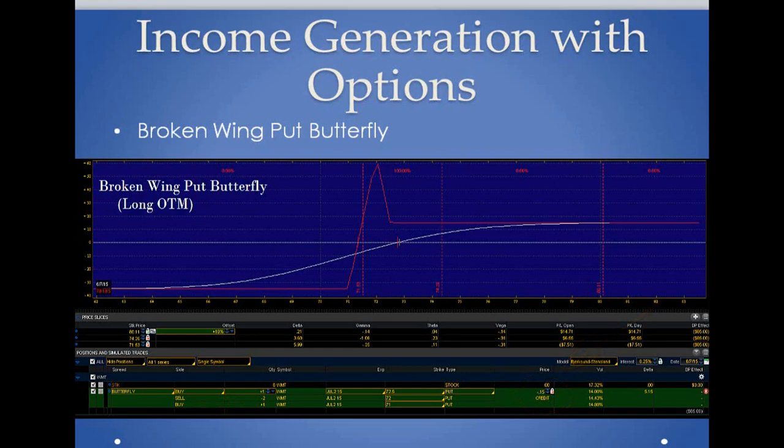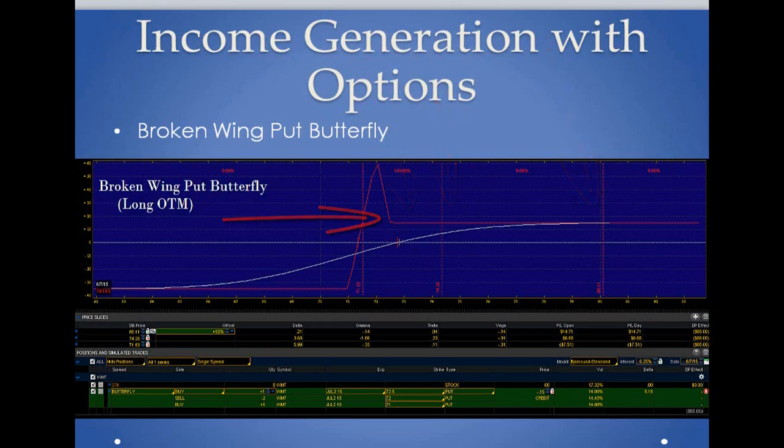So for our max profit, we want this to sell off a little bit and pin at our 72 strike. Remember, Walmart's trading just above $72.50, so we want it to sell off a little bit and pin at the 72. But if it were to continue to rally up into the 73 handle, 74 handle, we are still going to collect our 15-cent credit.